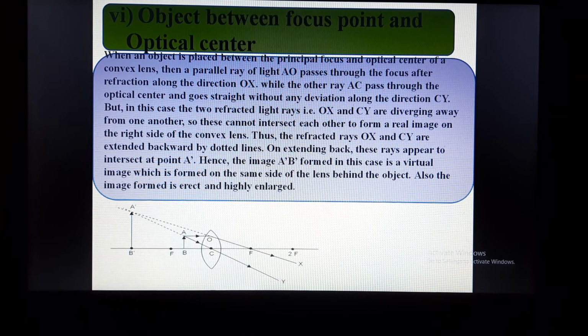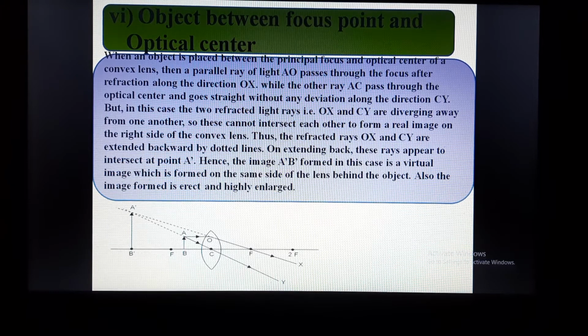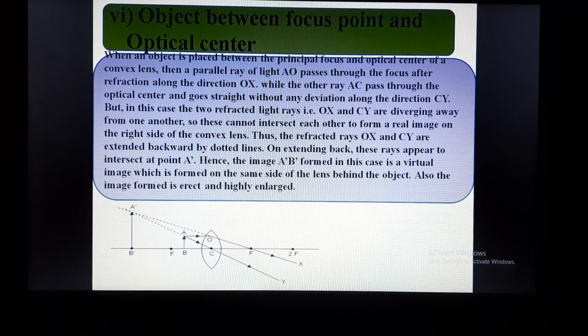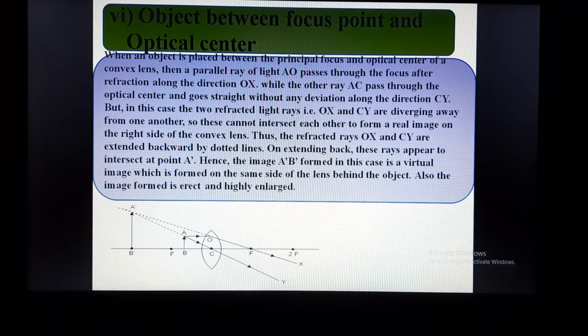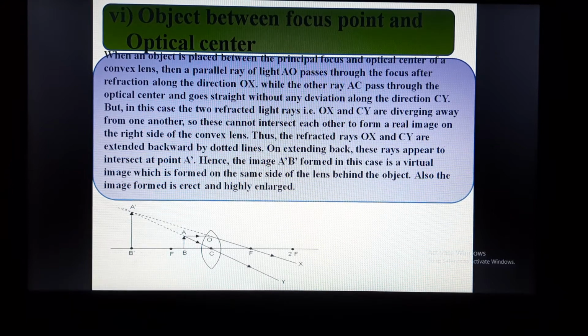Okay, so here there is a new word, which is virtual image. The image is called a virtual image when it is formed on the same side of the lens, behind the object.